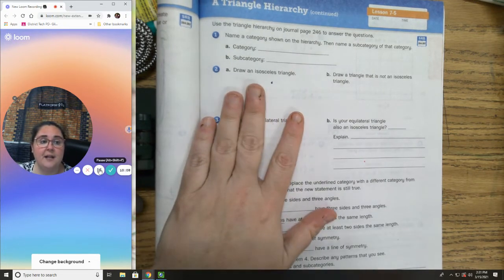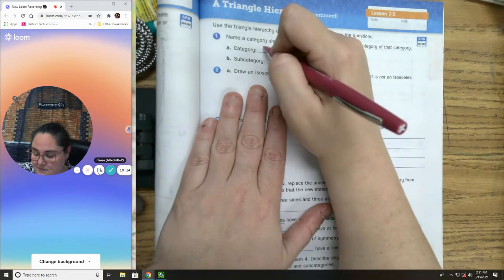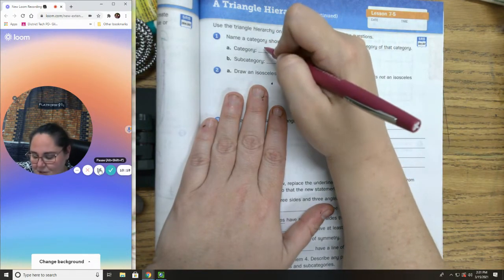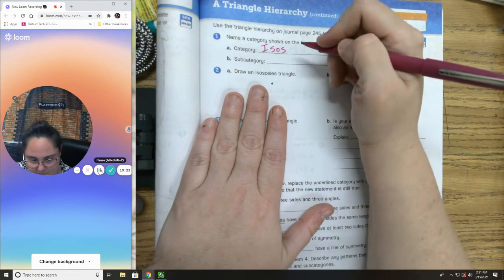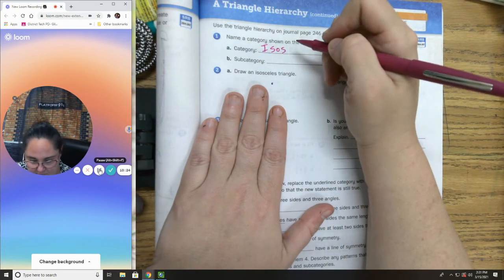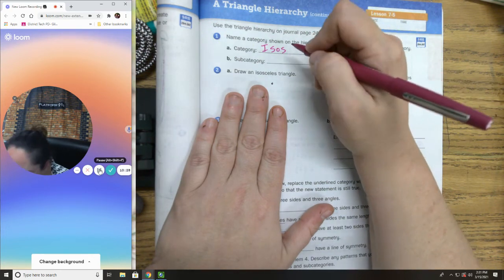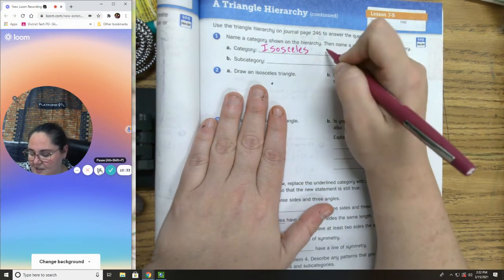My first category that I saw, besides triangle, because I did see triangle, but I saw isosceles. So I'm going to use that one. Could you use triangle? Yeah, but I'm going to use isosceles. I-S-O-S-C-E-L-E-S, isosceles triangle.